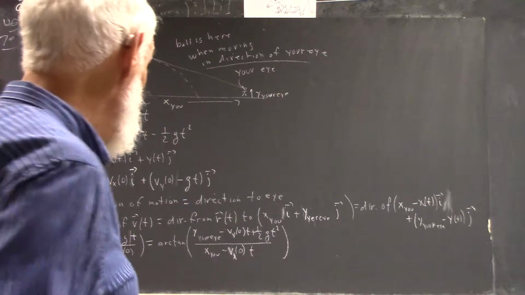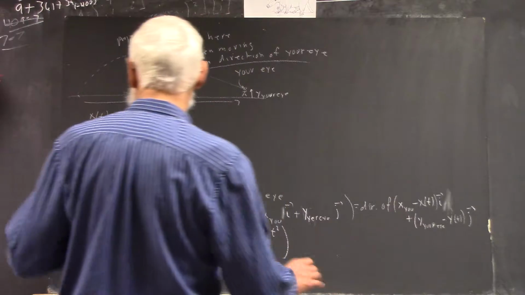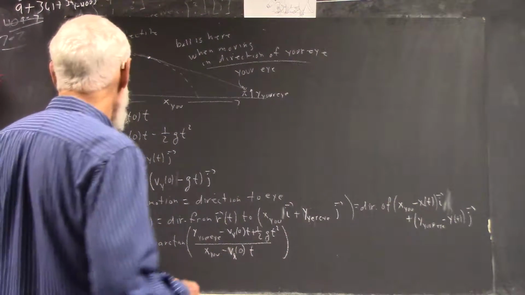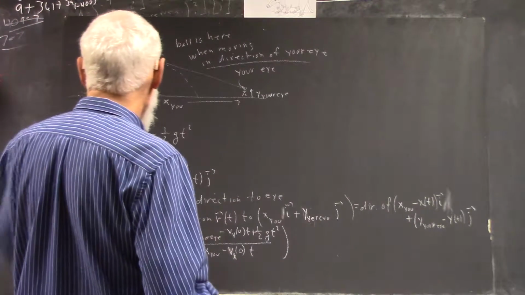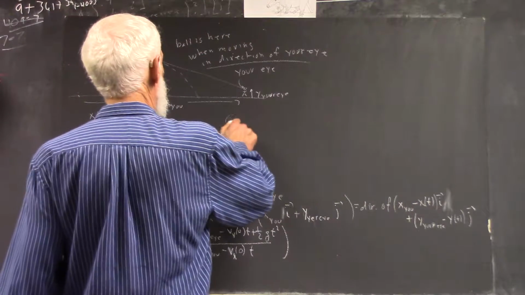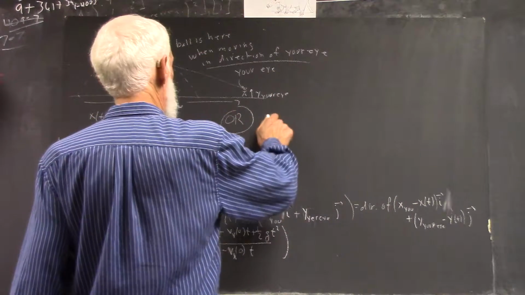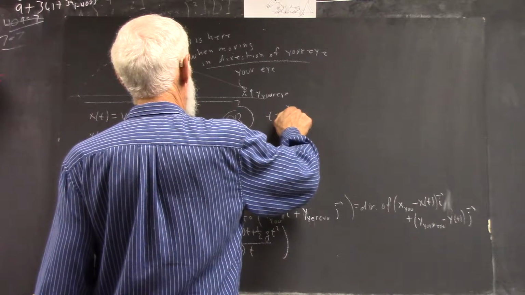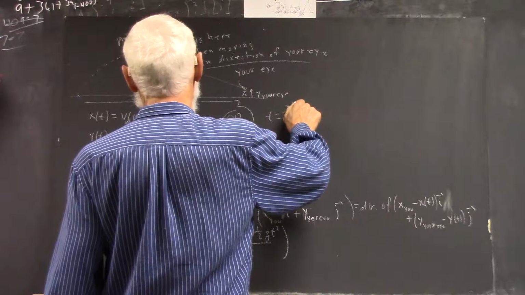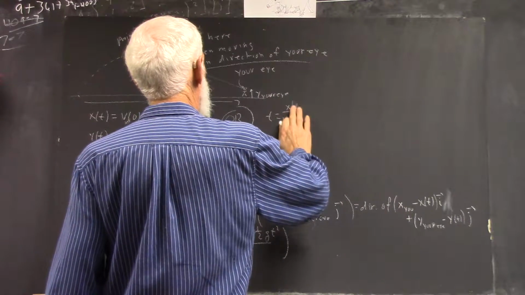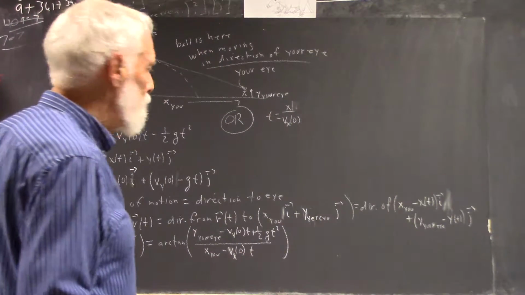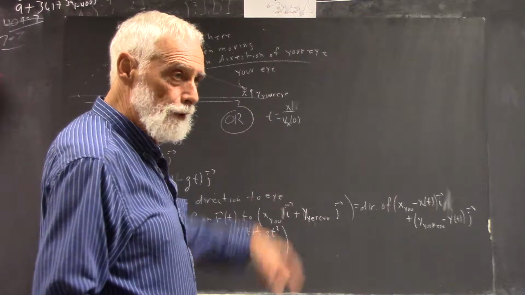Okay? Another way to do it is say, okay, well, there's my r of t. It's, you know, this times i plus this times j. But I can now eliminate t from these two equations. t equals your x squared over Vx of 0. And I'm not going to put the t in here just because it's confusing to see t on both sides.